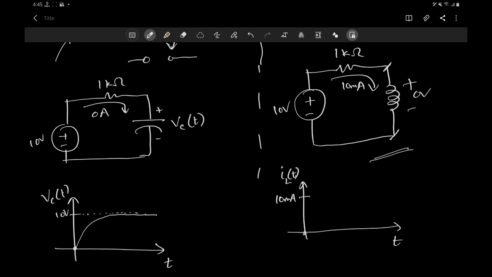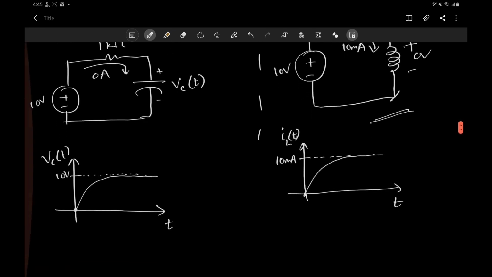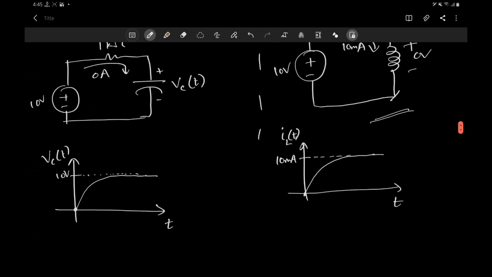It takes some time for the current to grow up to that 10 milliamperes, and we will see that in detail later. But this is the main idea. In fact, this curve is basically just exponential in nature, and that's what we are going to do.